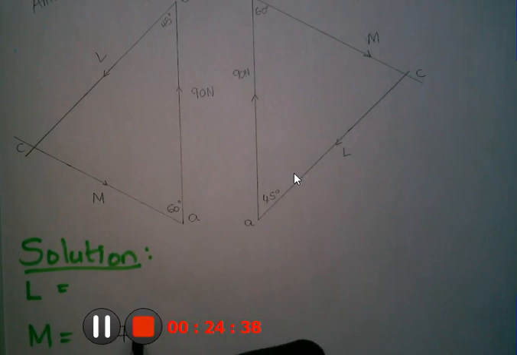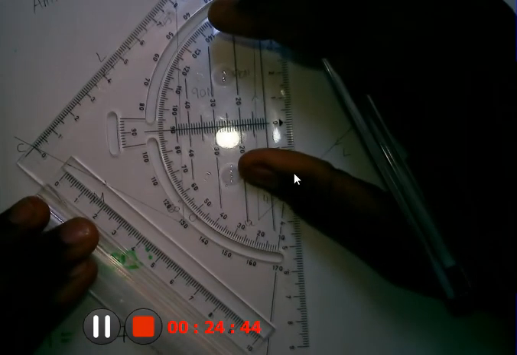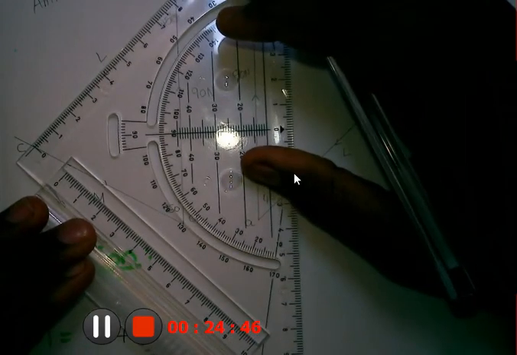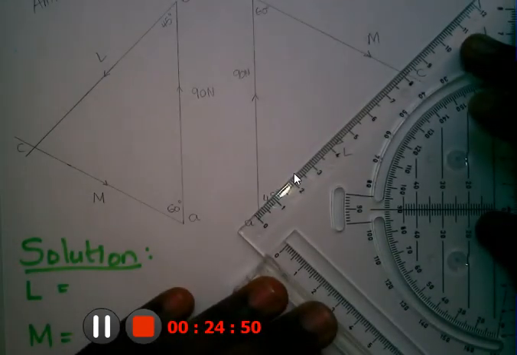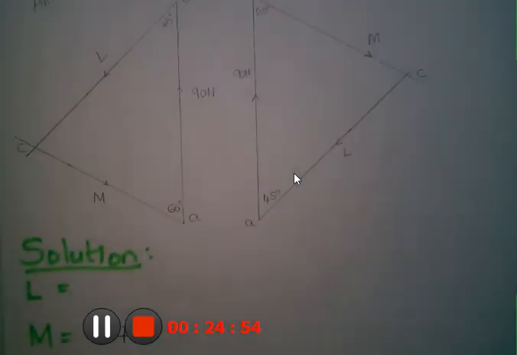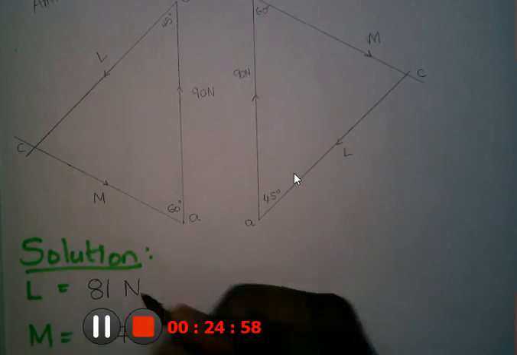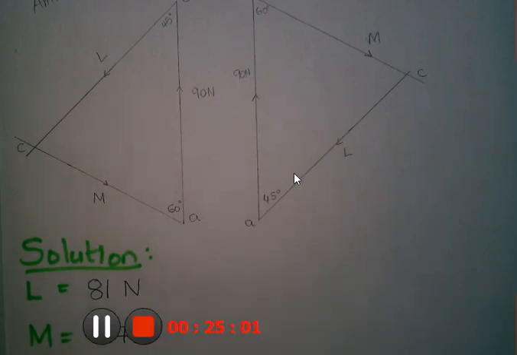I hope you have also measured 67 newtons. And if I measure my L on the first diagram gives me 81, and that is the same 81 on the second diagram. So for L I have 81 newtons.